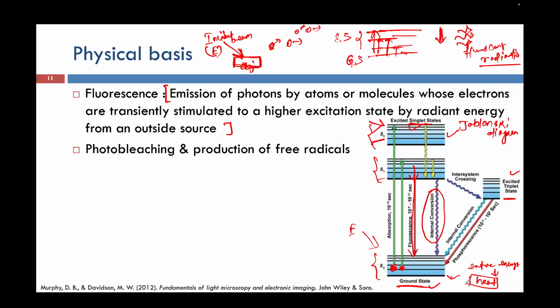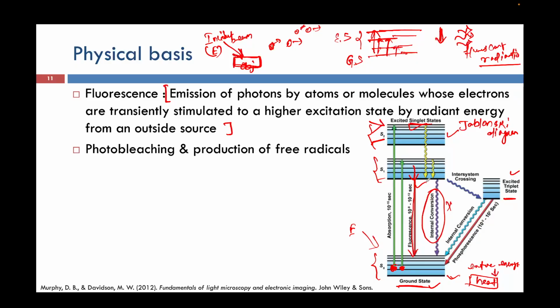Our detector cannot catch the heat. So this is not called fluorescence radiation. Fluorescence radiation is when we are able to get that radiation, not in the form of heat.